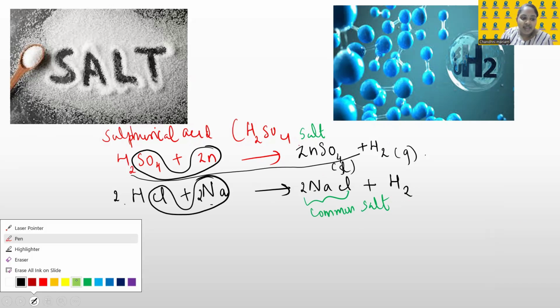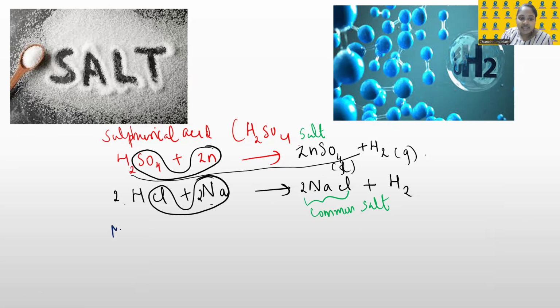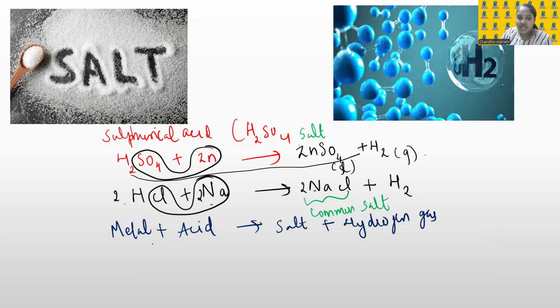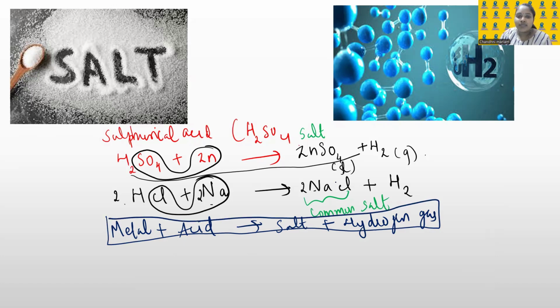We can infer that whenever a metal reacts with an acid, we get the products salt and hydrogen gas. So that is the reaction of acids with the metals. Hope that topic is clear to you.